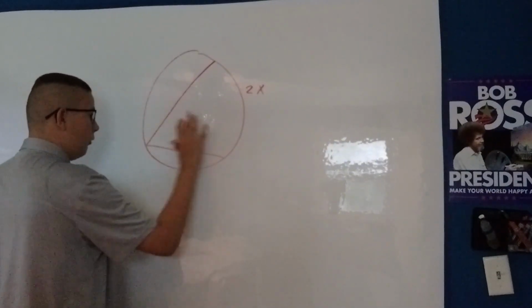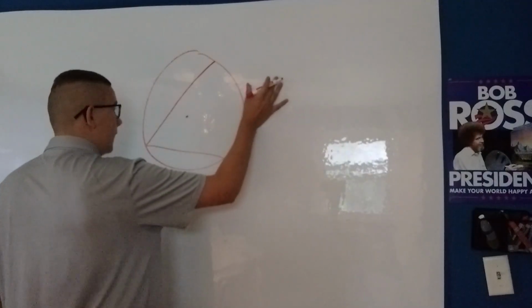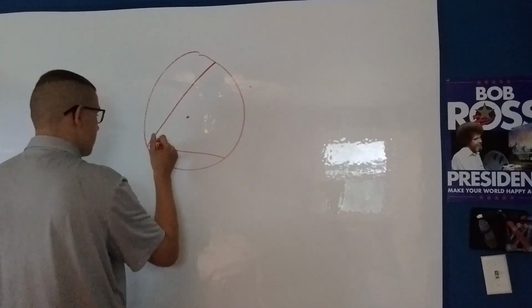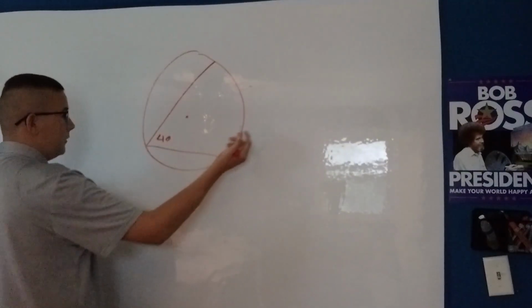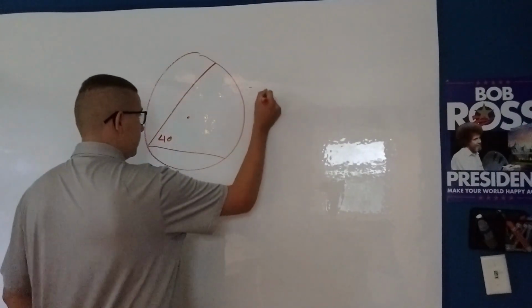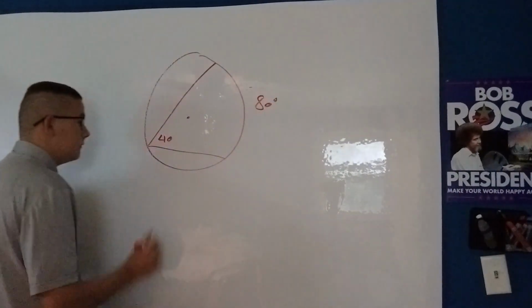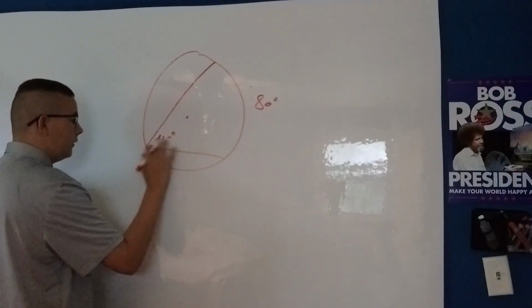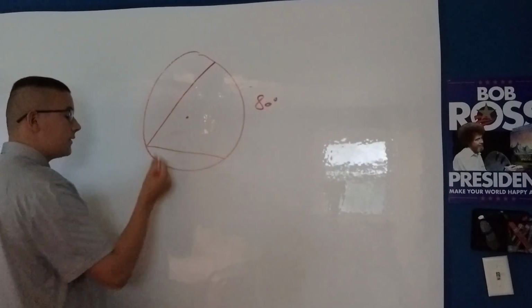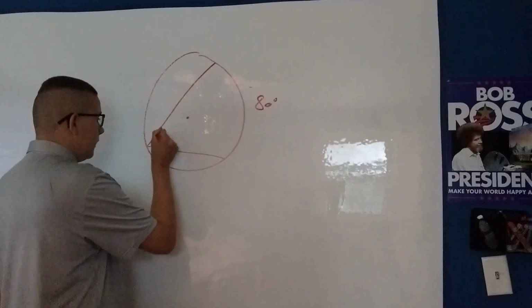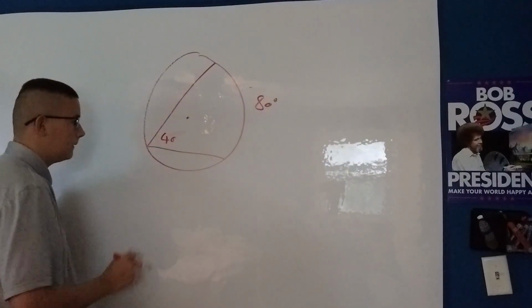So, for example, if we have here 40 degrees, well, this is going to be twice 40, so this is 80 degrees. And vice versa. If I'm told that that is 80 degrees, I can take half of it and know that this is 40 degrees, like that.